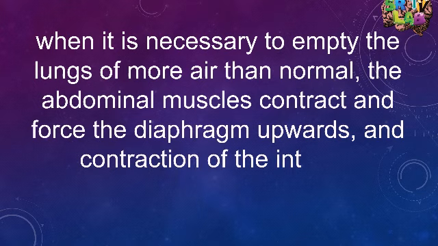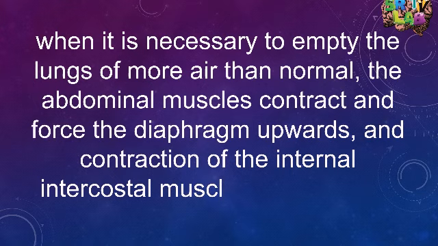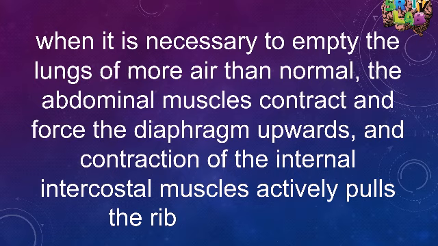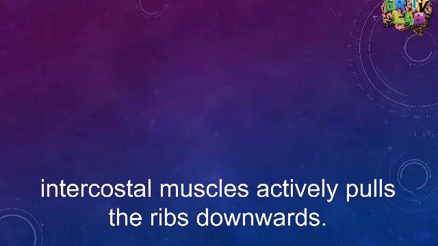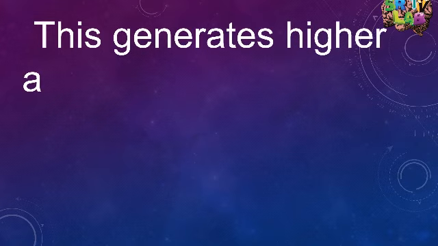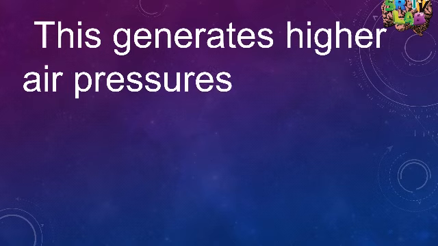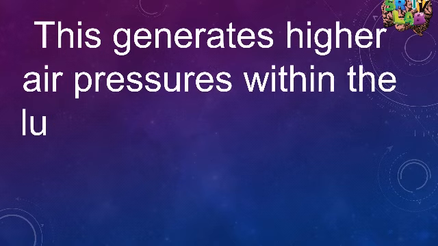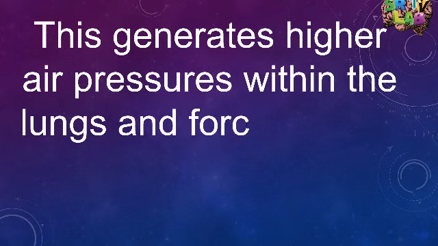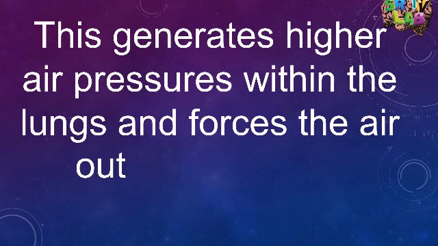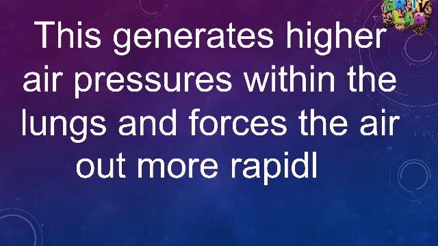Also, contraction of the internal intercostal muscles will occur actively and pull the ribs downwards. And this will generate higher air pressure within the lungs and force the air out more rapidly than normal.